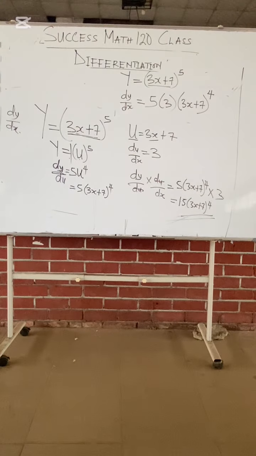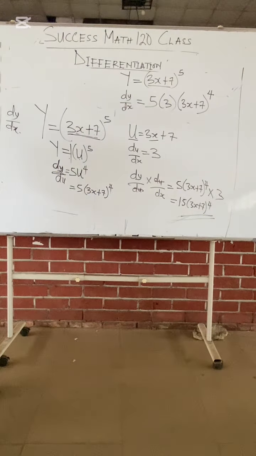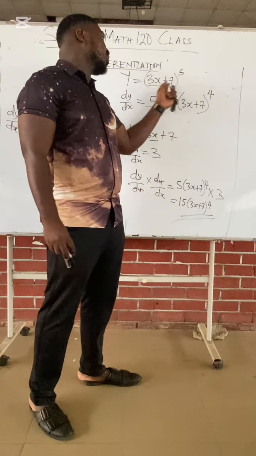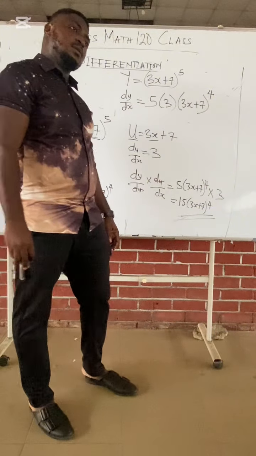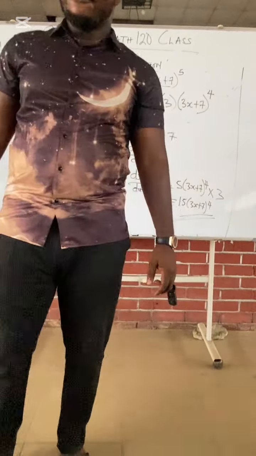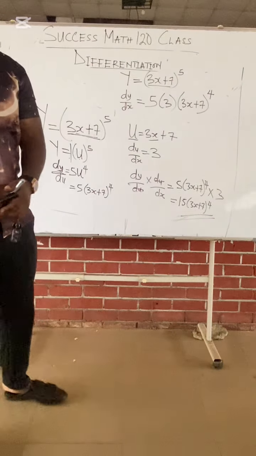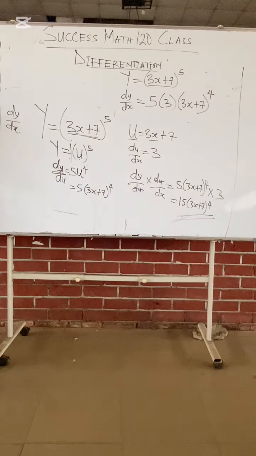I'm forcing myself to be slow. Step 3, repeat the function in the bracket. Step 4, subtract 1 from the what?